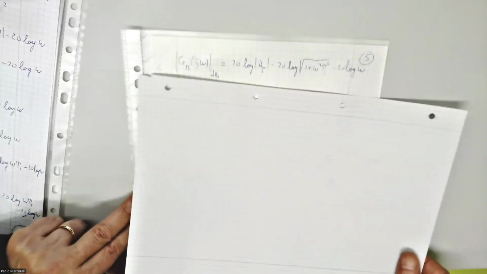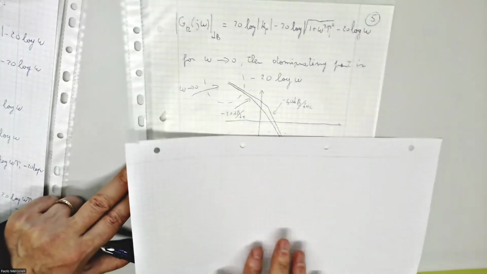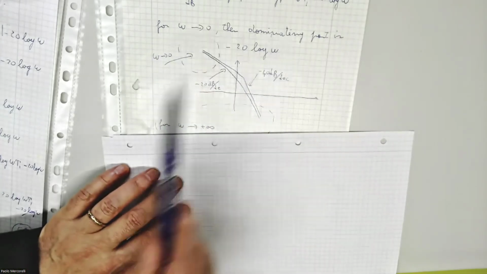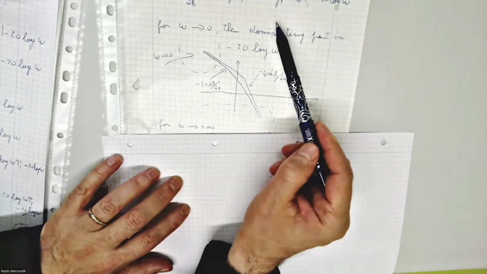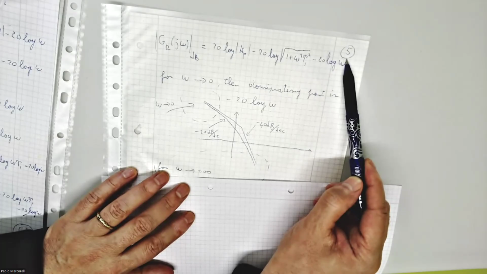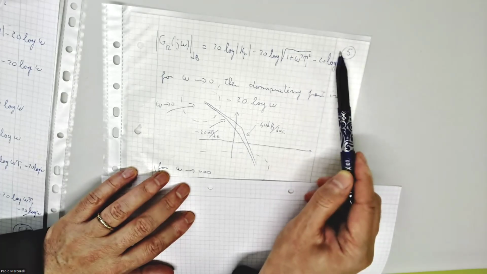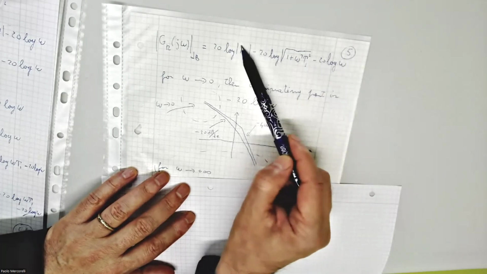Okay, let me now calculate this expression. For omega very small, what dominates is this part. Do you agree? Because this is 10 to 0, while this is 10 to infinity, larger than this one.